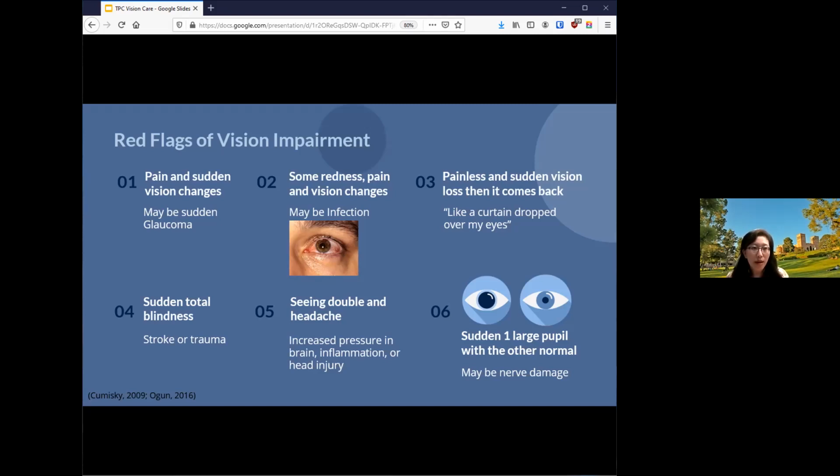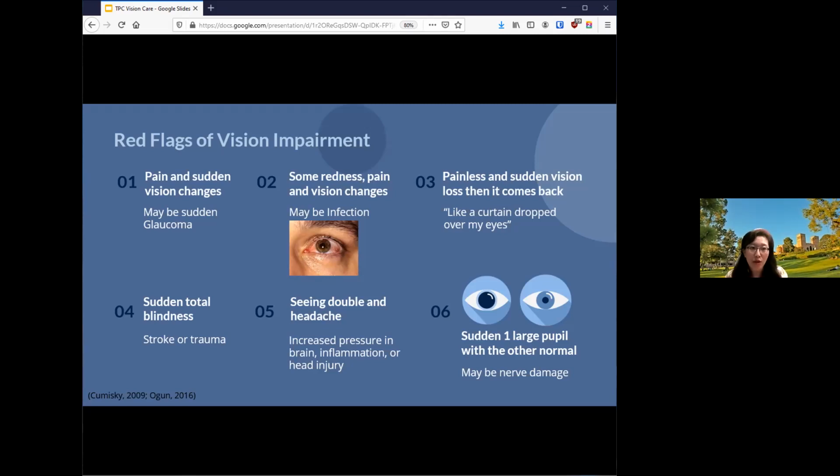Usually a case of double vision may have less severe causes, but if a headache is involved, this could be caused by increased pressure inside the brain. If your client says they hit their head or fell or something like that, a combination of head injury and these other symptoms could indicate need for urgent care. The 6th red flag is seen in the drawing shown.